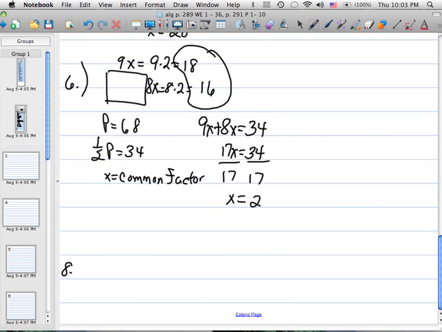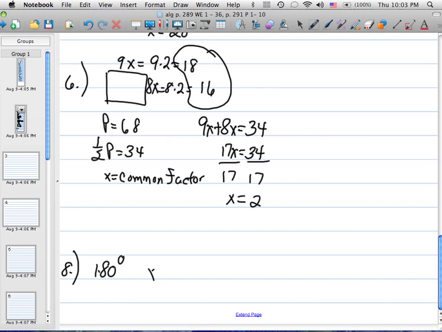Problem number 8, the measures of the angles of a triangle are in the ratio of 1 to 2 to 3. Find the measures of the angles. Well, the sum of the angles of a triangle equals 180 degrees. And if the ratio is 1 to 2 to 3, 1 plus 2 plus 3 does not make 180, so the common factor has been canceled out.